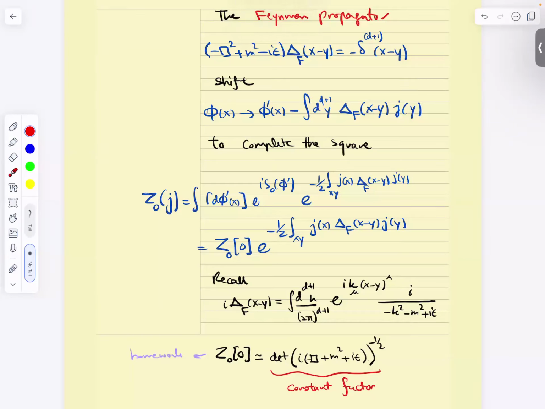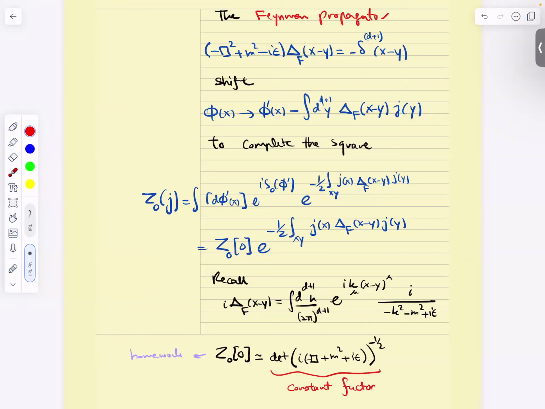So I defined a generating functional. And after I use the fact that phi is a dummy variable I'm integrating over to shift my field phi, I performed the integral and I wrote Z0 of j. 0 here means free. Free generating functional, in terms of the free generating functional with no source.